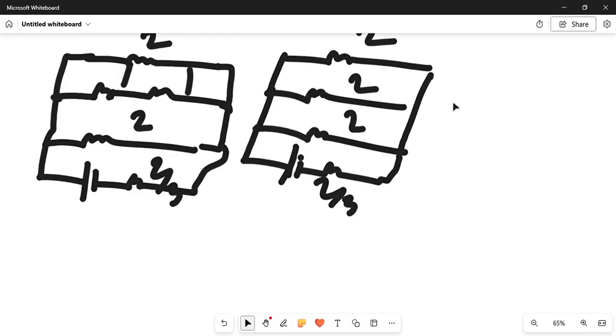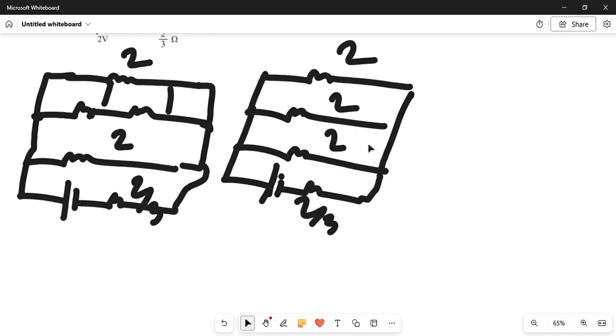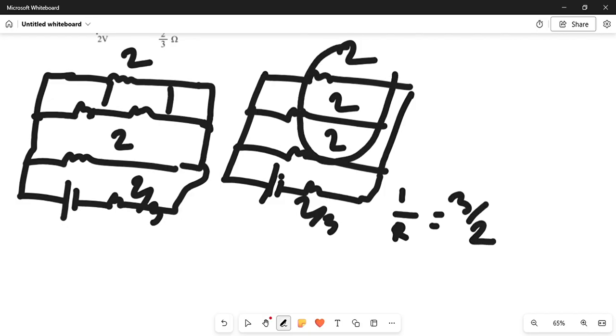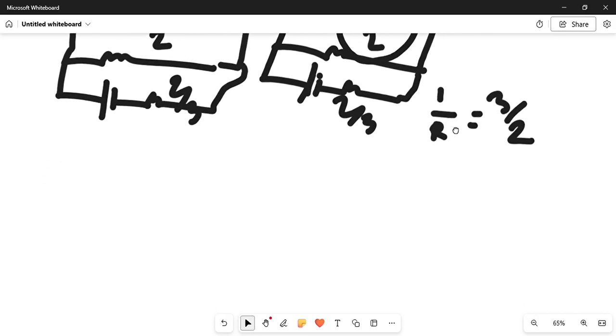So the equivalent circuit will be, from these 3 resistances, their equivalent resistance: 1 by R is equal to 3 by 2, because they are in parallel. So R is equal to 2 by 3.